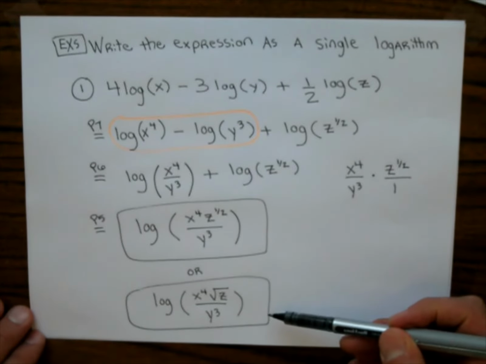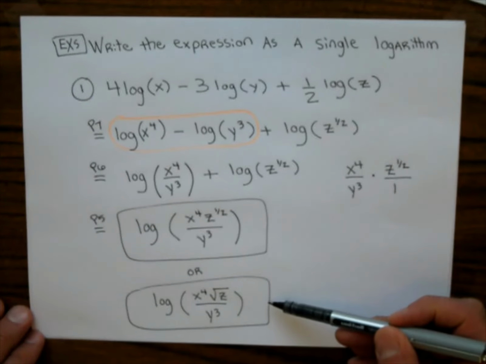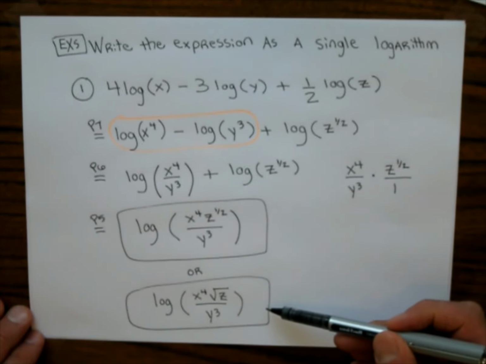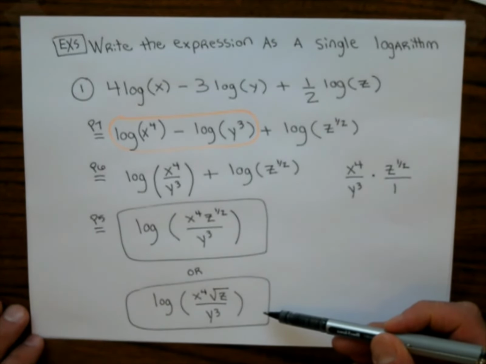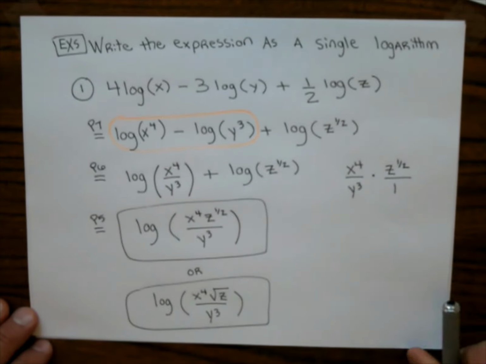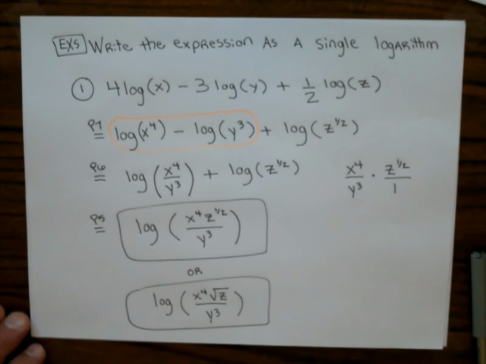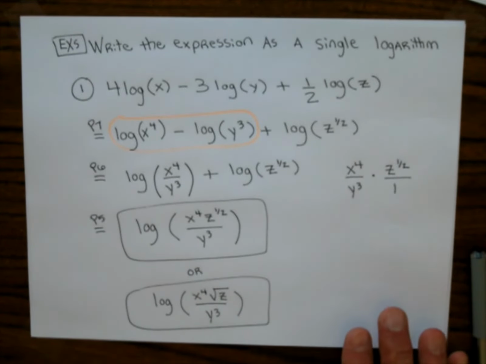So that's going to make you more marketable in the dating world. Or maybe not. But anyway, so both are acceptable answers. So that's what you're doing in your homework. Some people actually consider this problem that I did kind of easier than some of the ones where we're expanding the log.